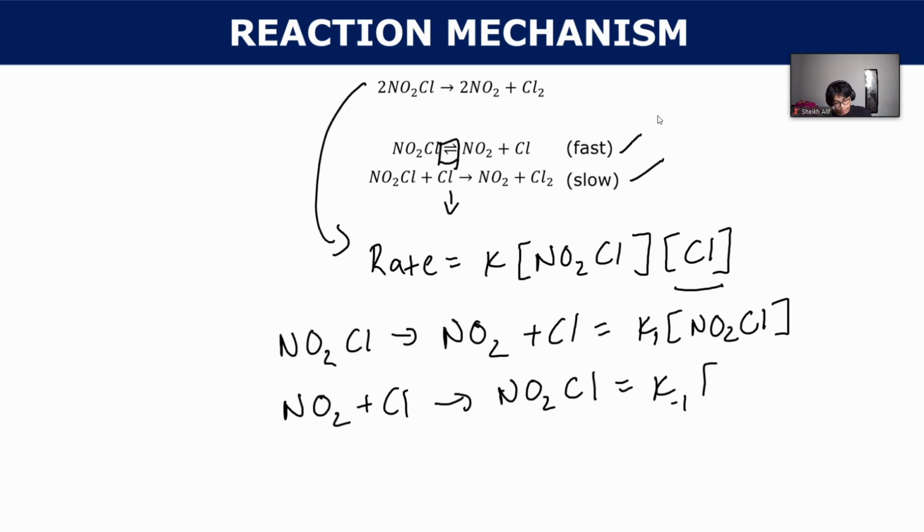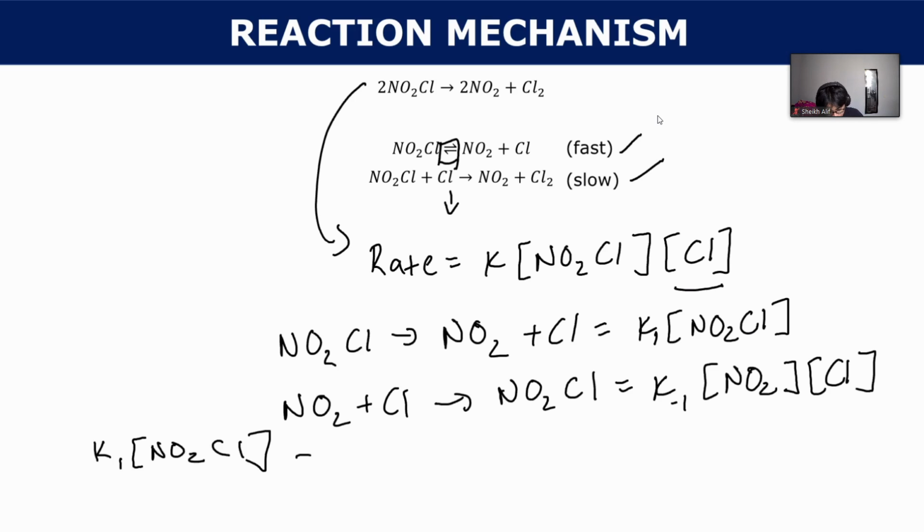So k negative 1 times NO2 times Cl. And now we can set these equal to each other. So k1 times NO2Cl equals k negative 1 times NO2 times Cl. We can isolate the concentration of Cl.